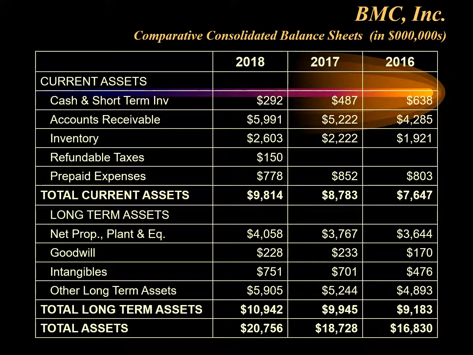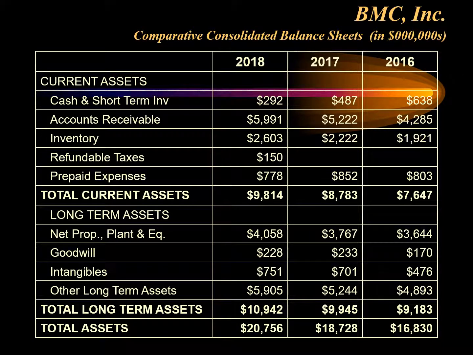Okay? The amount of time it takes to go from cash to cash is the cash conversion cycle, and if it's longer than a year, then those balances can be included as well.